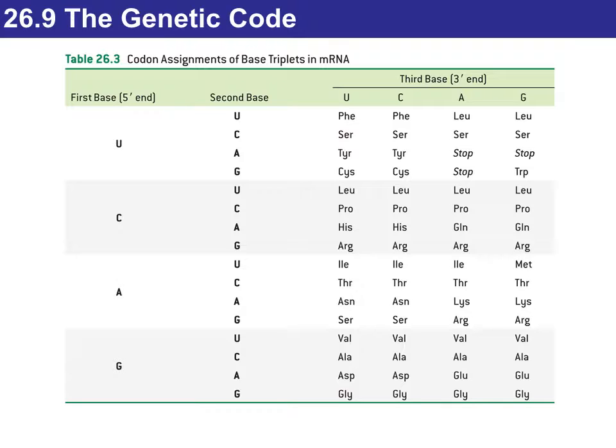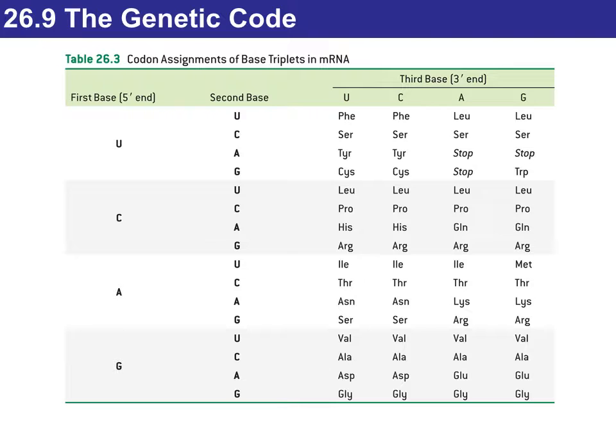And if you read this, which I wish was expressed better in that table, the first base I read U, second base U, third base U. So UUU will code for Phe, phenylalanine. UCU will code for serine. UCC also codes for serine. UCA also codes for serine.